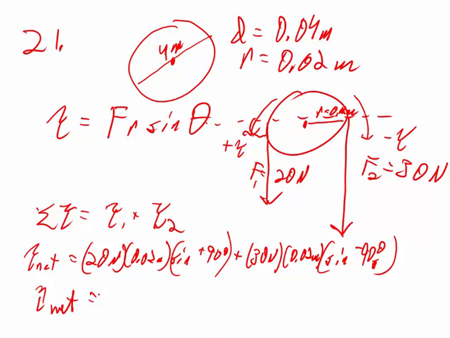I can't even think. Sine of negative 90. And we get a what? What do we get for our net torque? We get a negative 0.2 Newton meters, don't we? Okay?